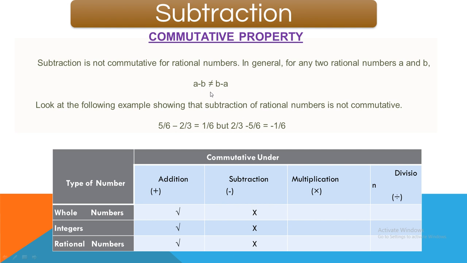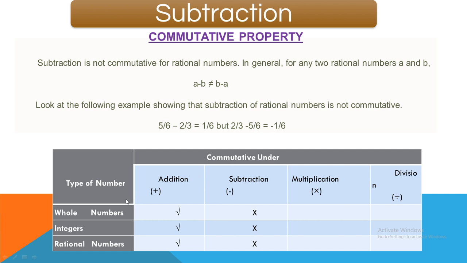The answer will be no, the results will not be equal. So commutative property is not satisfied. For this, let's take one example. 5 by 6 minus 2 by 3. If we subtract it, we get 1 by 6. But when we subtract 5 by 6 from 2 by 3, we'll get minus 1 by 6. So this property is not satisfied.